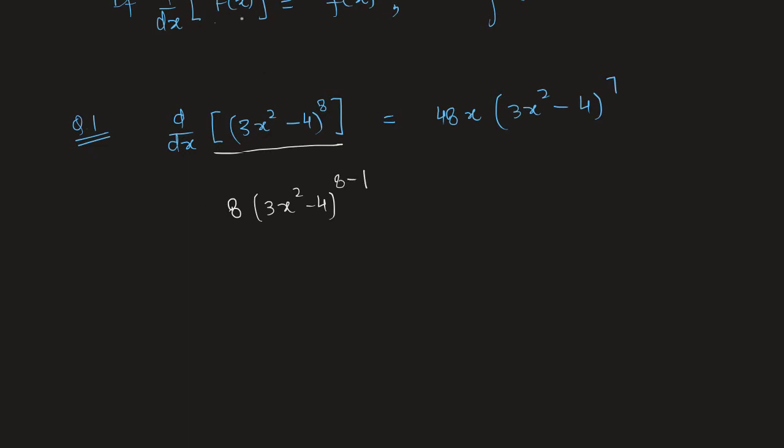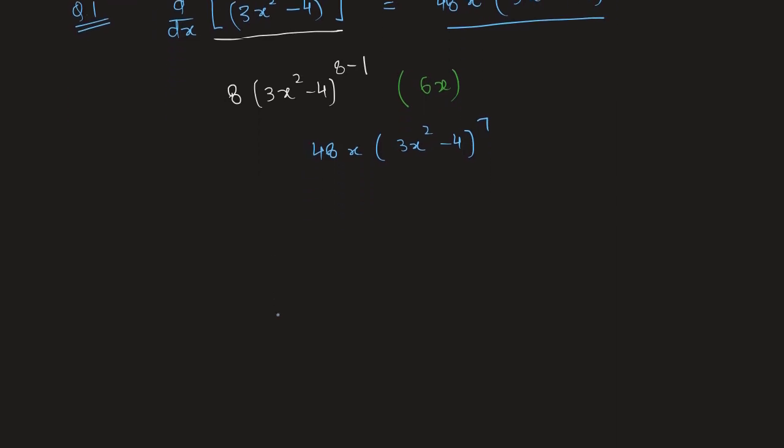Fine. Now the outer bracket is done. Now the inside function: if you differentiate this inside function, what we'll get is 6x. Now if you simplify it further, what we'll get is 48x (3x square minus 4) to the power 7, which is what we wanted.